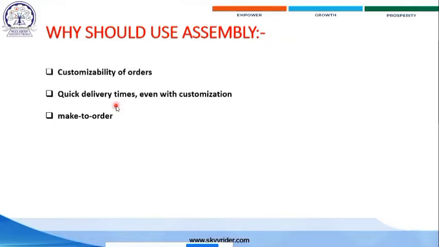Then we get a molding, and we show that molding to our customer: is it your requirement, or is any modification required in that molding component or any other demo component?